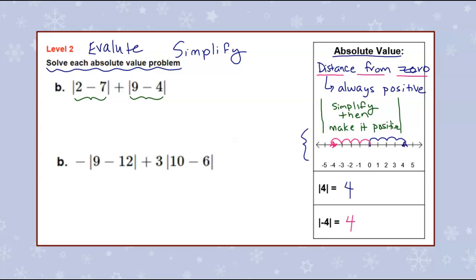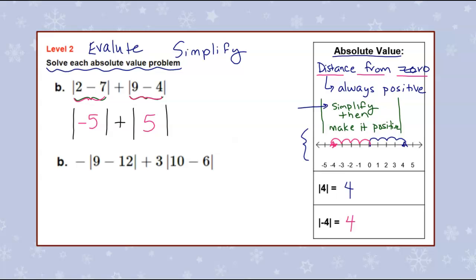We're going to simplify what's on the inside. And lots of times I'll over-exaggerate those vertical lines so I don't get them confused with the number 1. All right, this inside, 2 subtract 7, well, that's not positive 5, it's negative 5. And 9 subtract 4 is positive 5.